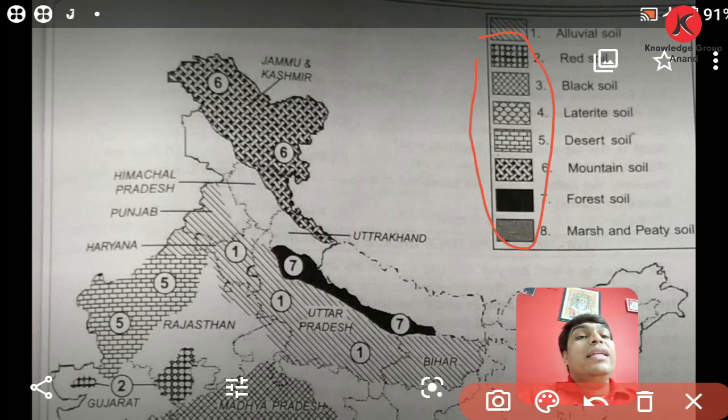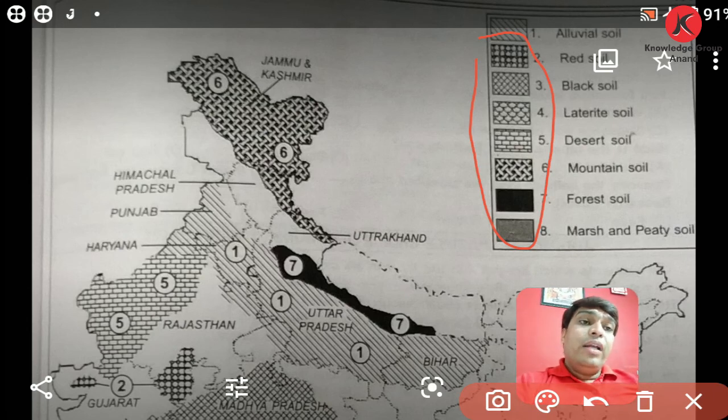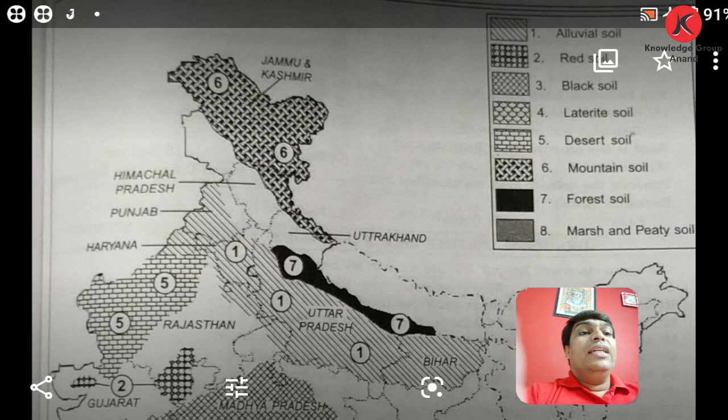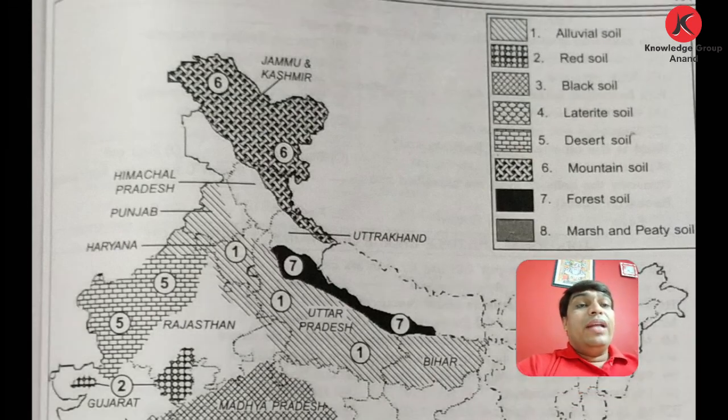There is no similar design for any of the types of soil. Same way we have to do, friends. If 4 locations are asked, you have to show 4 different symbols for all the 4 locations. Friends, you have to keep this in your mind when you are attempting the map work.